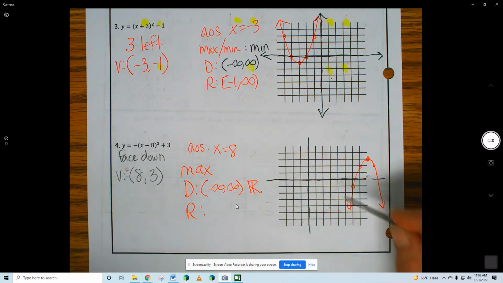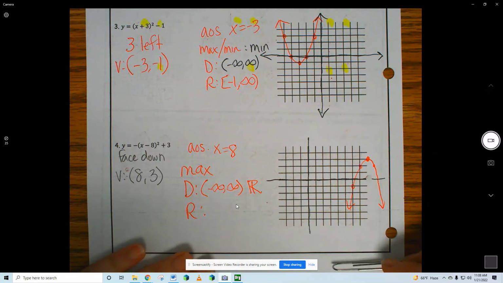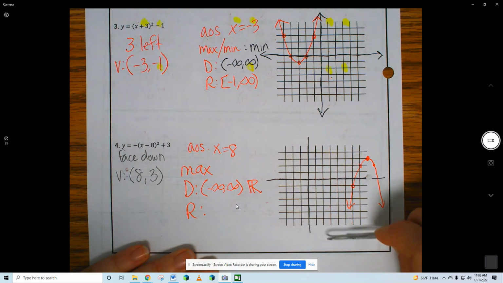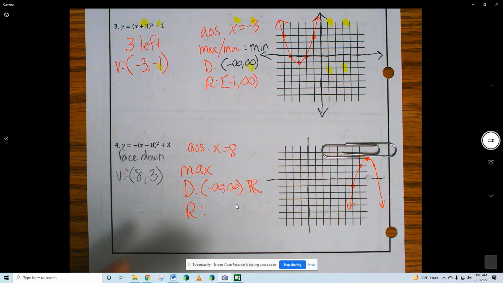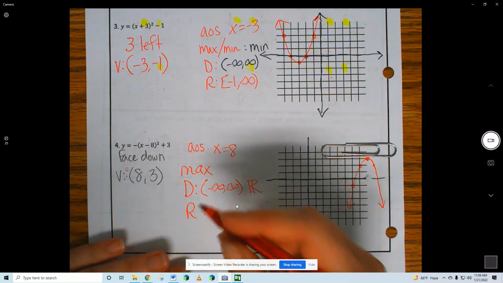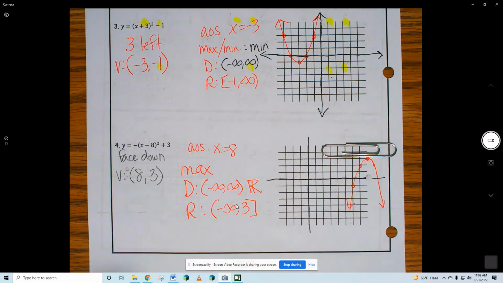It goes to negative infinity. These arrows are going to go all the way down to negative infinity. So it starts at negative infinity, and then it goes up, up, up. It stops at the y value, 3. Negative infinity to 3 bracket because it touches 3. The range is a little harder on that one.